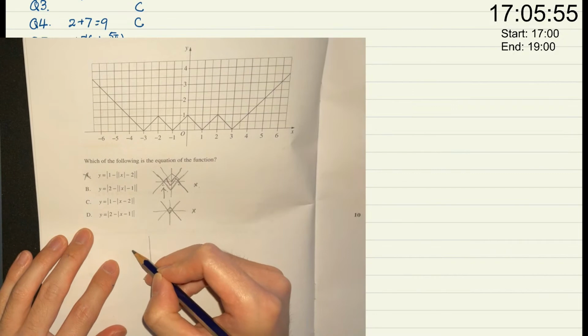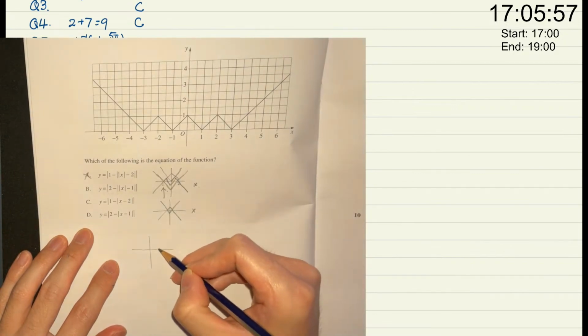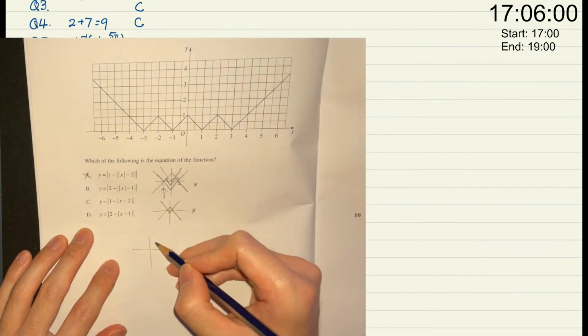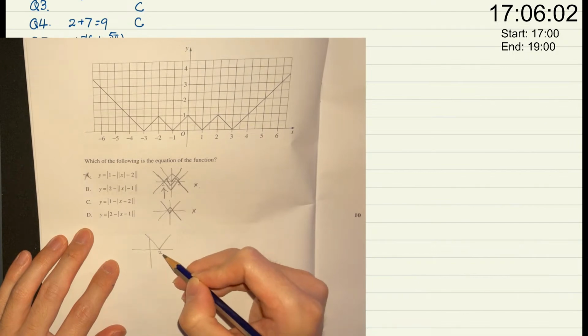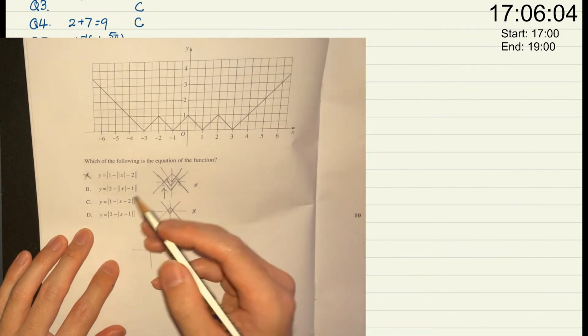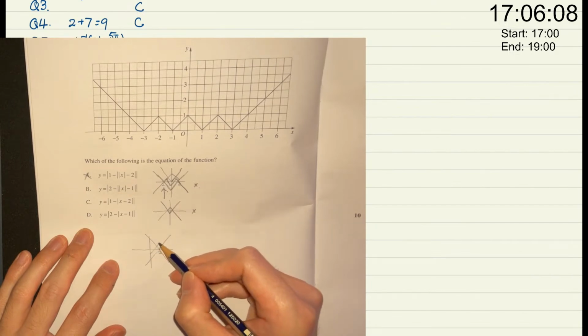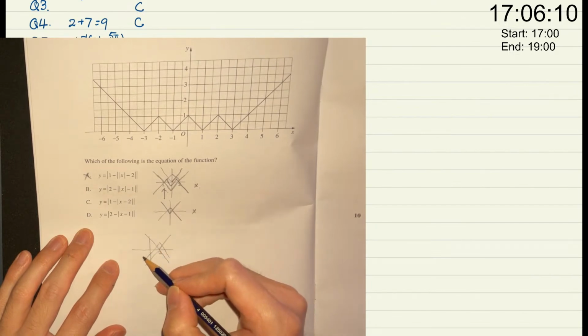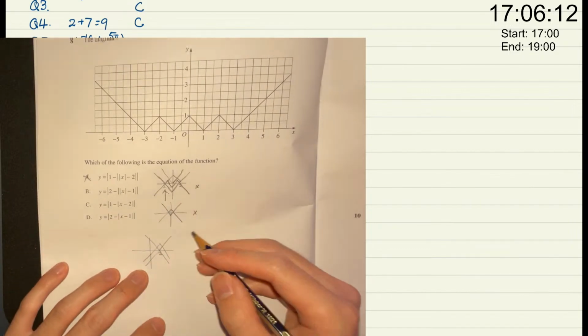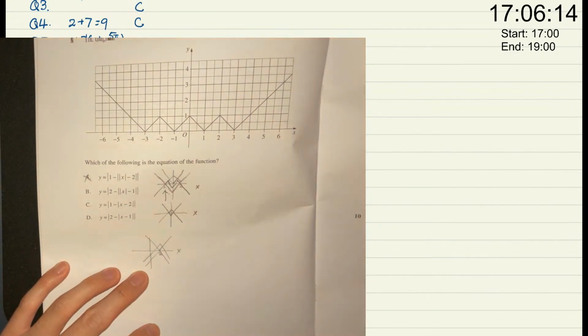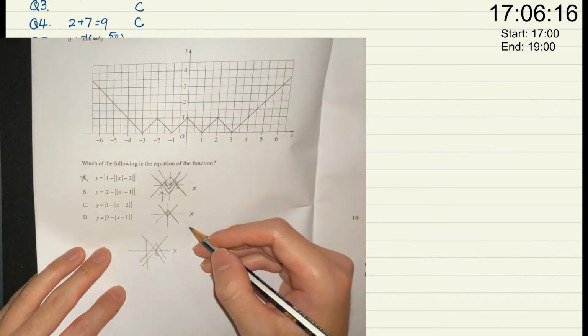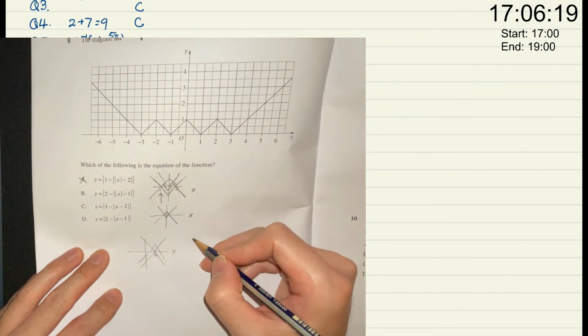So this one decides to move it to the right by 2 first. And then it flips it upside down, great. And then it shifts up by 1, lovely. And then it absolute values that. I can't see how that's right, so I'm a bit worried I made a mistake so far. I'm not seeing any of these being appealing, so it might be A and B again.